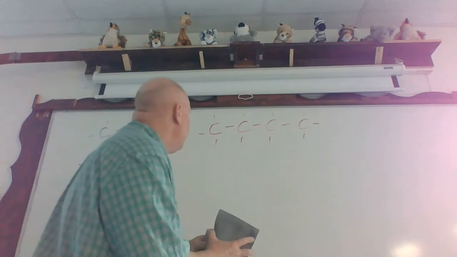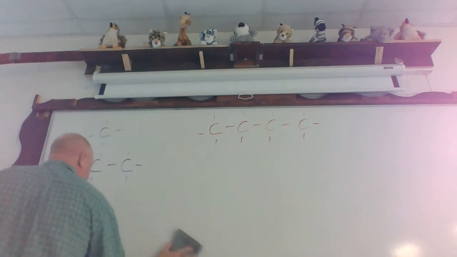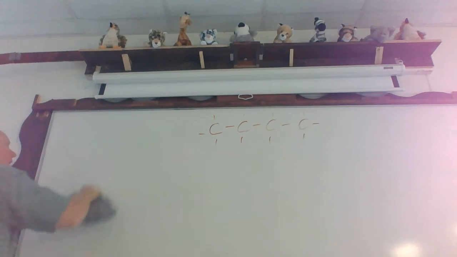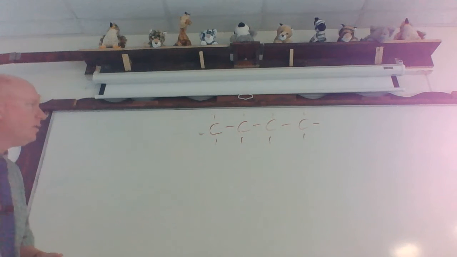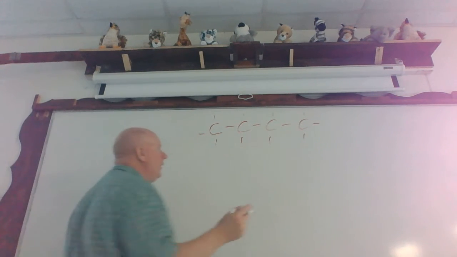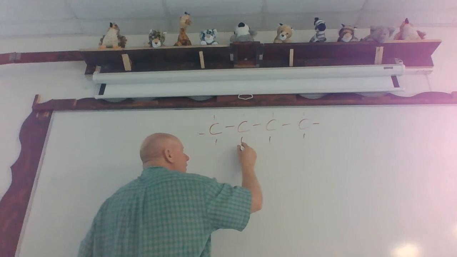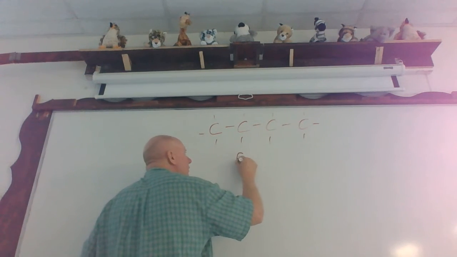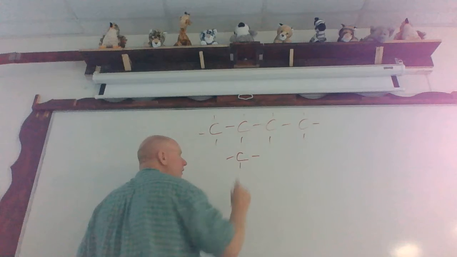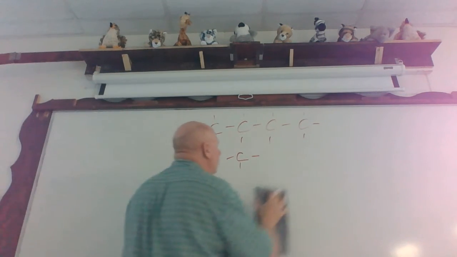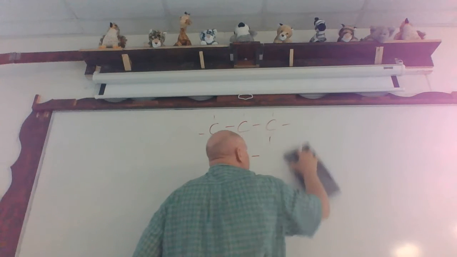Now let's go ahead and talk about some of these derivatives. Okay, we'll just do a couple. All right. So remember we said X marks the spot. So if I put this down here and then I'm going to erase this, okay?